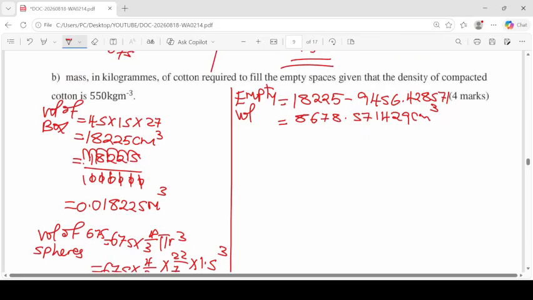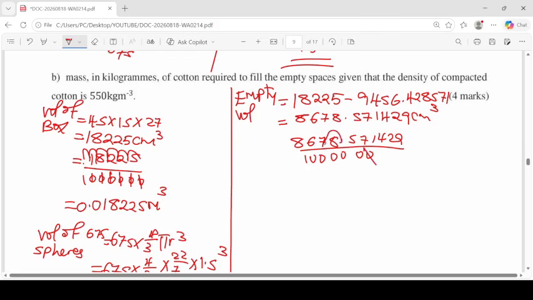Because now that is in cubic centimeters, we can convert it to cubic meters by dividing also by 1 million. So when you have 8678.571429, divide this by a million, what will it be?